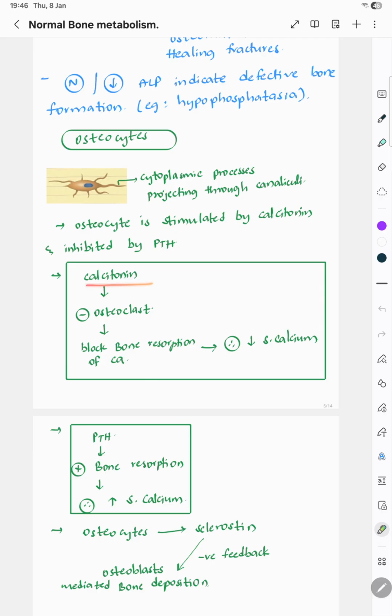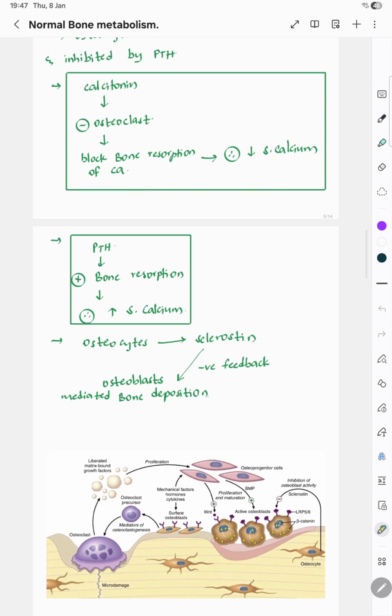Calcitonin inhibits the osteoclast and therefore blocks the bone resorption of calcium and finally decreases the serum calcium levels. Whereas the PTH stimulates the bone resorption and increases the serum calcium levels. The osteocytes release sclerostin, that is SCL, and it provides the negative feedback on osteoblast mediated bone deposition.